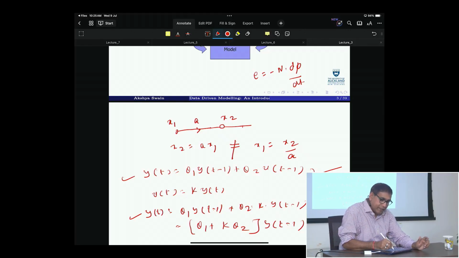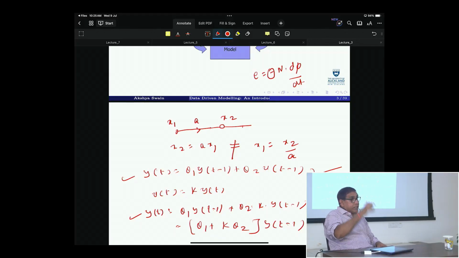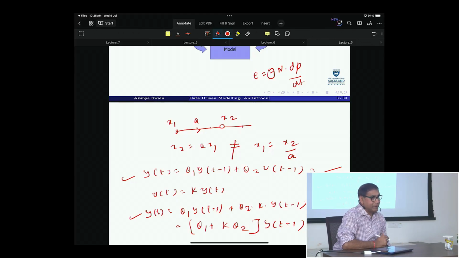The generated voltage, the corresponding current and flux oppose the change. So Lenz's law is modeled or represented by a negative sign. Those types of concepts have to be there.